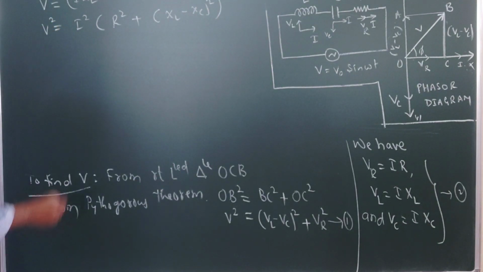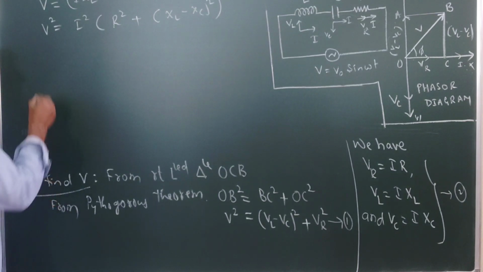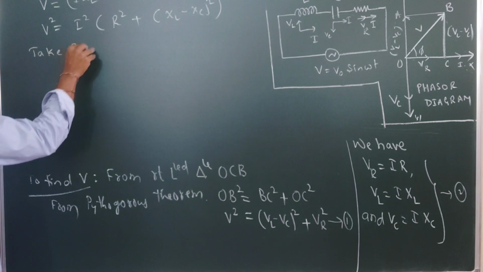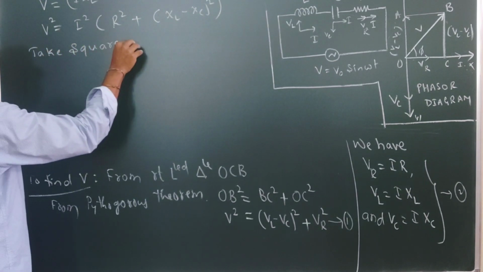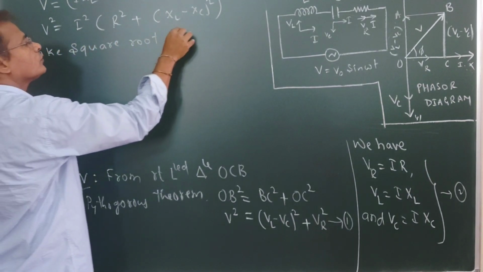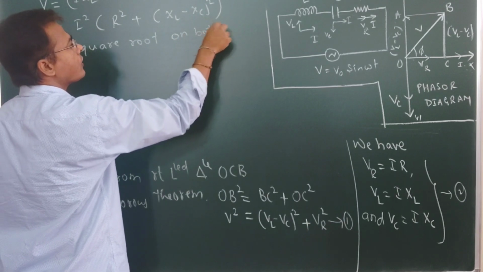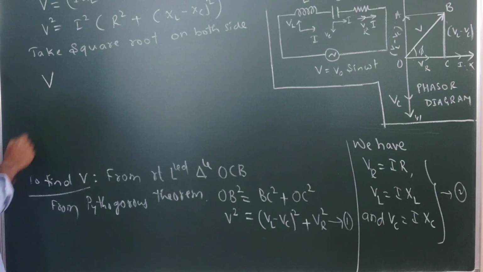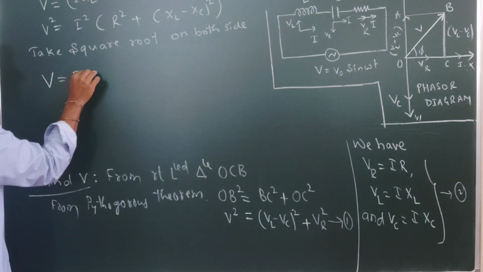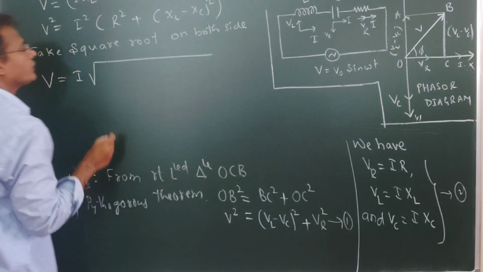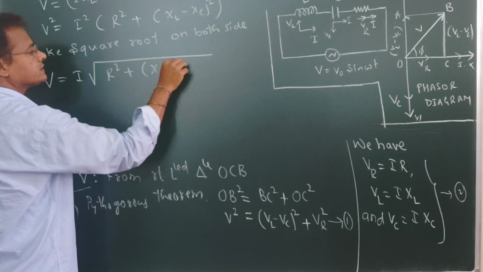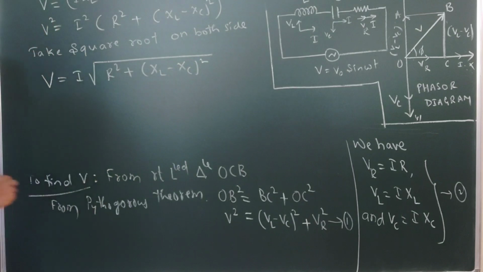Now take the square root on both sides. So V equals I into the square root of R square plus XL minus XC whole square.